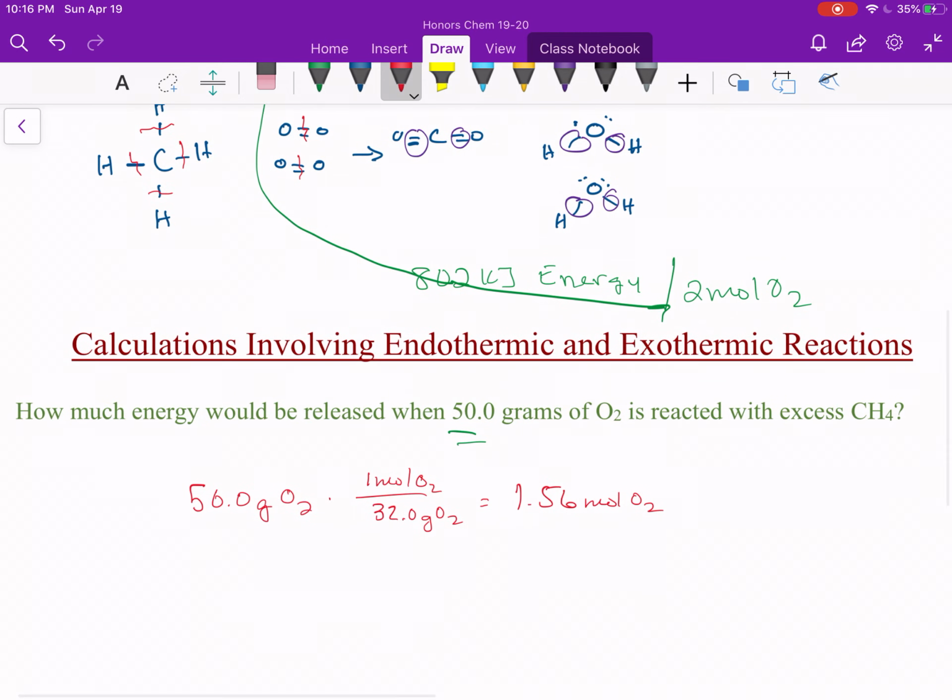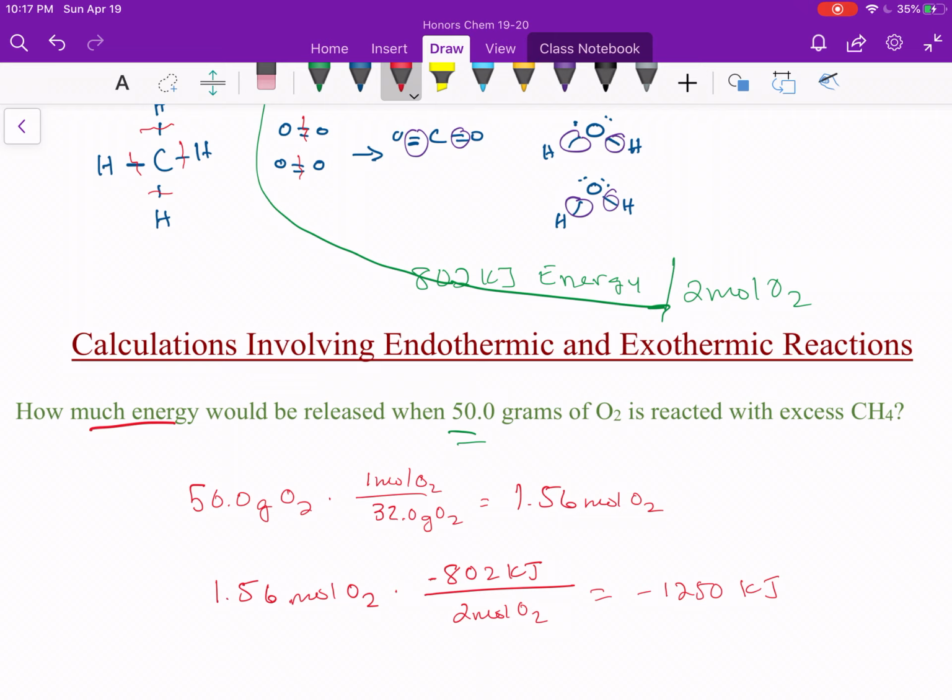Now, I want to know how much energy gets released, so I know I have 1.56 moles of O2, and I get 802 kilojoules of energy released, and I'm going to put a negative sign there because that's released, for every 2 moles of O2 reacted. That's going to give me a grand whopping total of negative 1250 kilojoules, and that would be my answer right there.